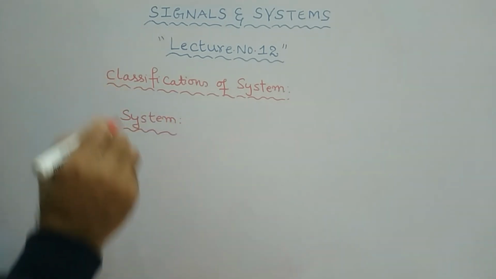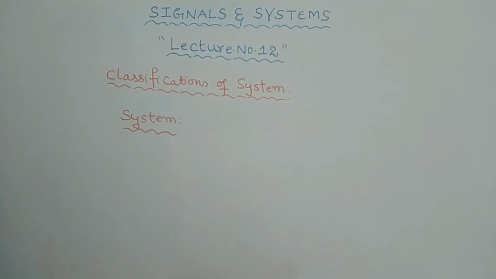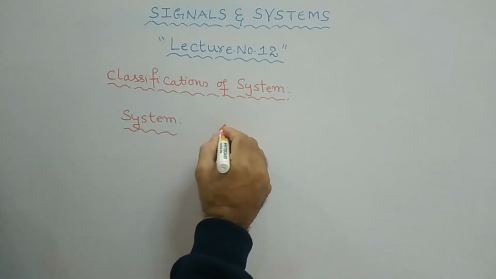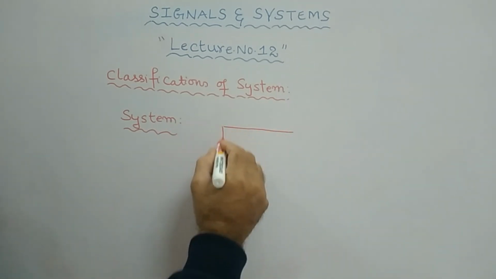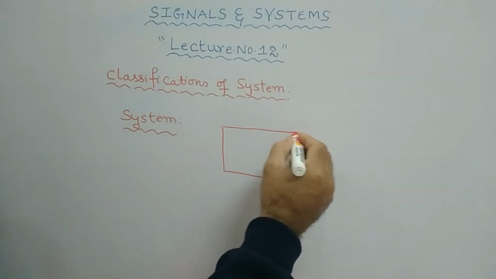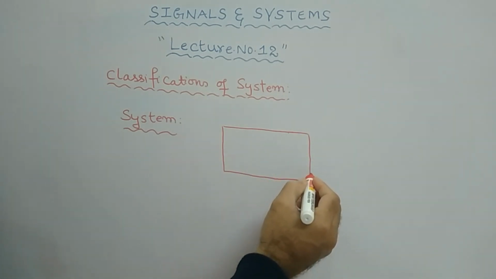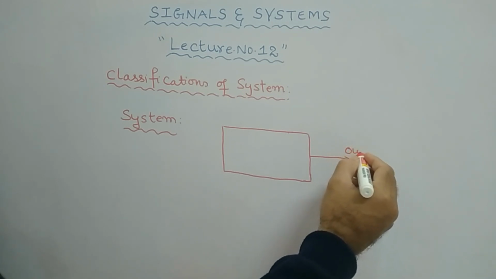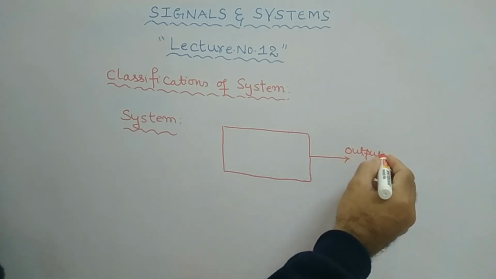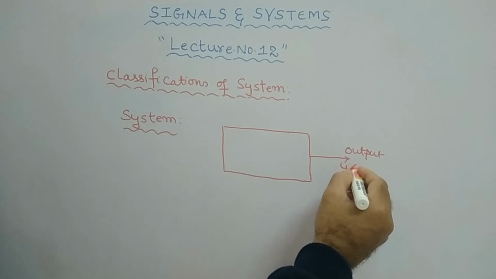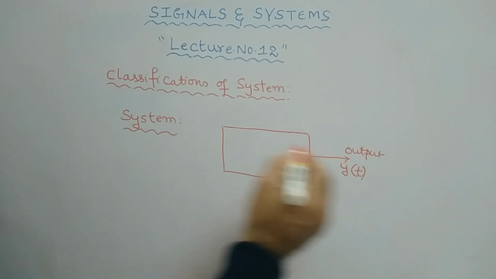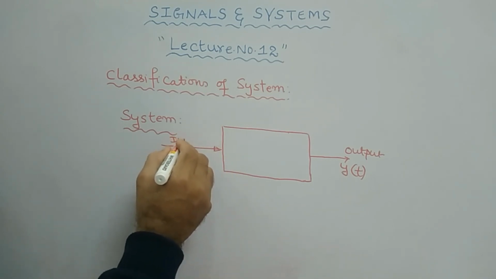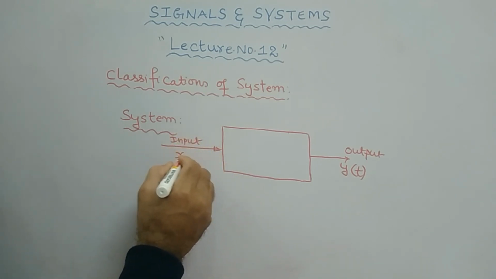A system is defined like this: any physical device. It can be represented as a simple box. It has a certain output, normally called y of n or y of t, and it has a certain input, normally x of t.